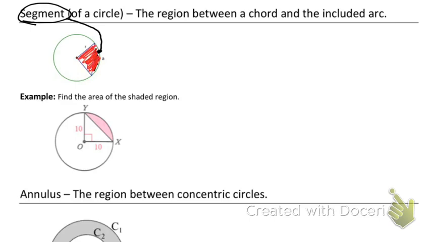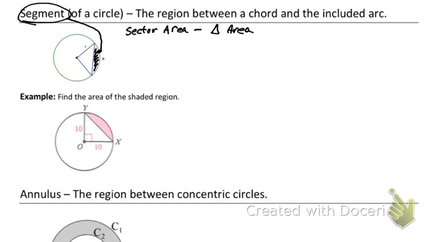And watch this. When I subtract out the triangle, boom, I'm left with just that. So it'll be sector area minus triangle area.